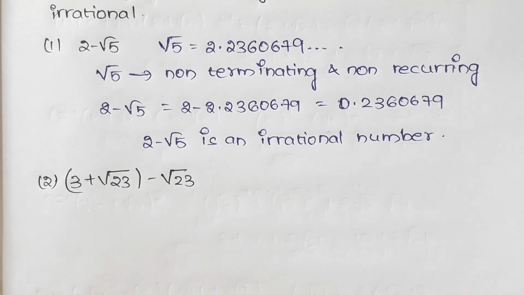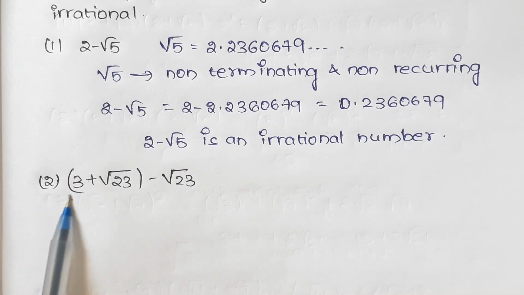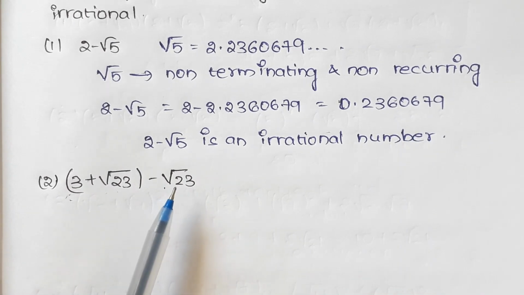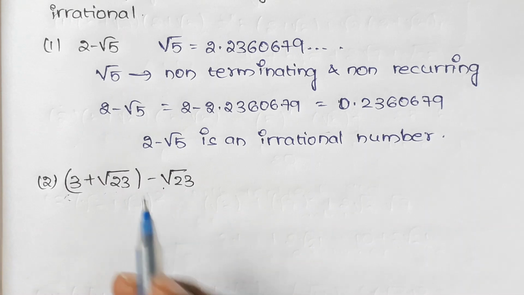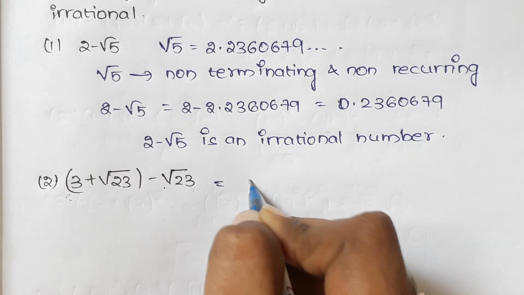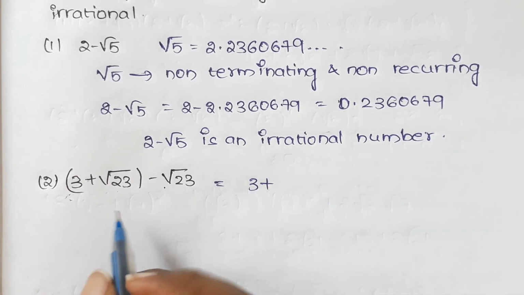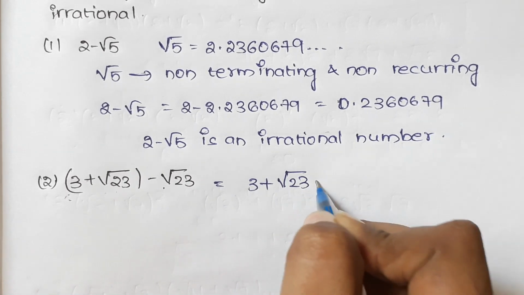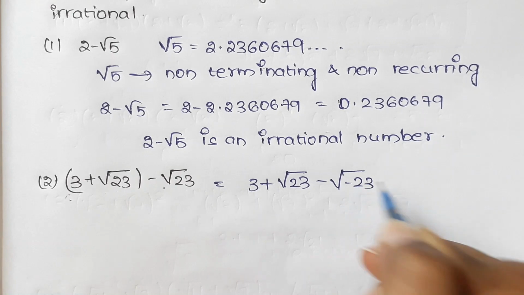Now let us see the second one: 3 plus root 23 minus root 23. Here let us solve this. That is 3 plus, let us open the brackets here, root 23 and minus root 23.